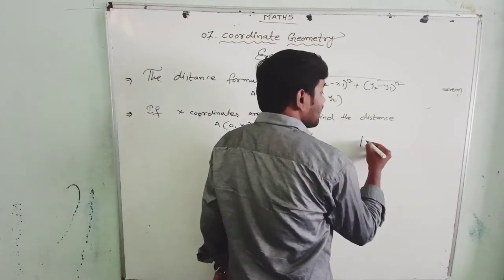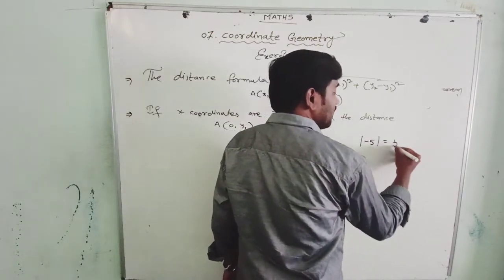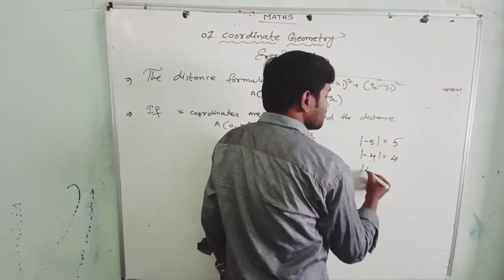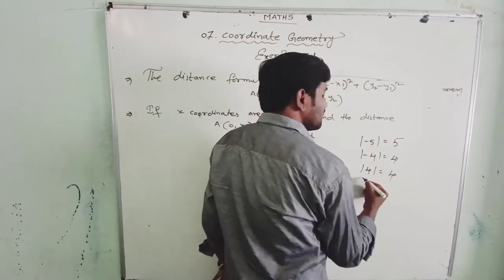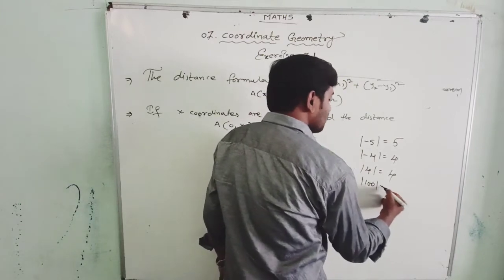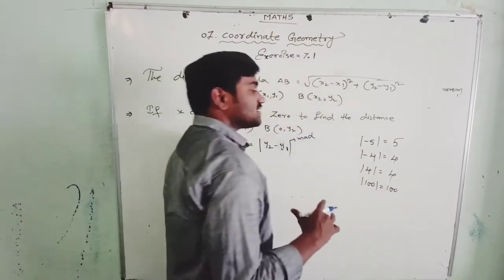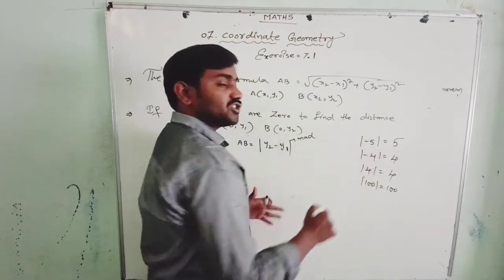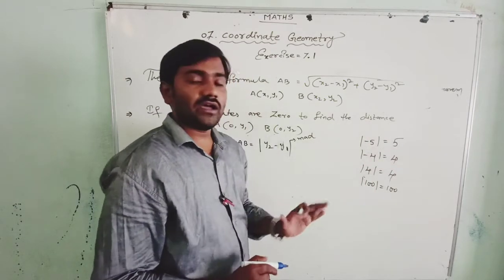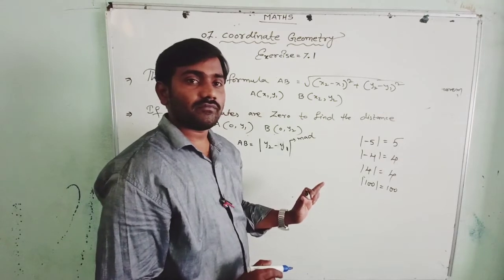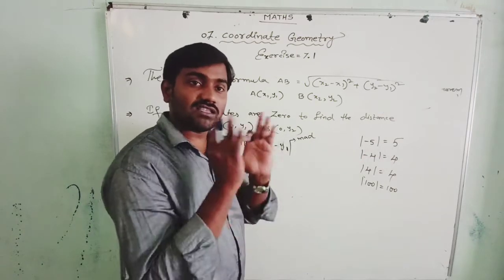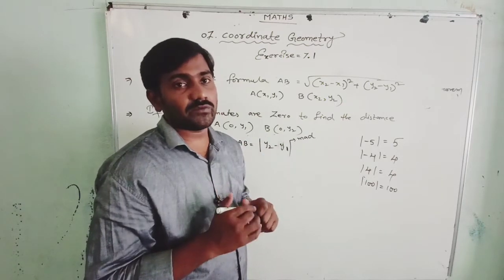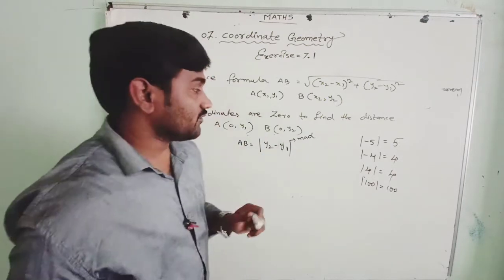Mod minus 5 becomes plus 5, mod minus 4 becomes plus 4, mod plus 4 is plus 4 only, mod plus 100 is equal to 100. Always, under the mod, whether it is a negative or positive value, after the mod it will be positive only. The mod will not give us a negative value, remember.